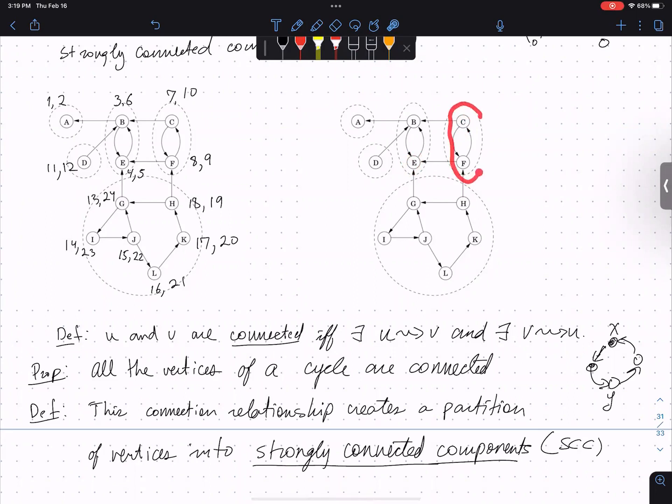If you look at edges going in and out of here, there's edges going out to this component, and there's edges coming in from this component. But as we already saw, once we're in this component, there's no way to get into here. Now, this is a source component. There's no way to get into it.